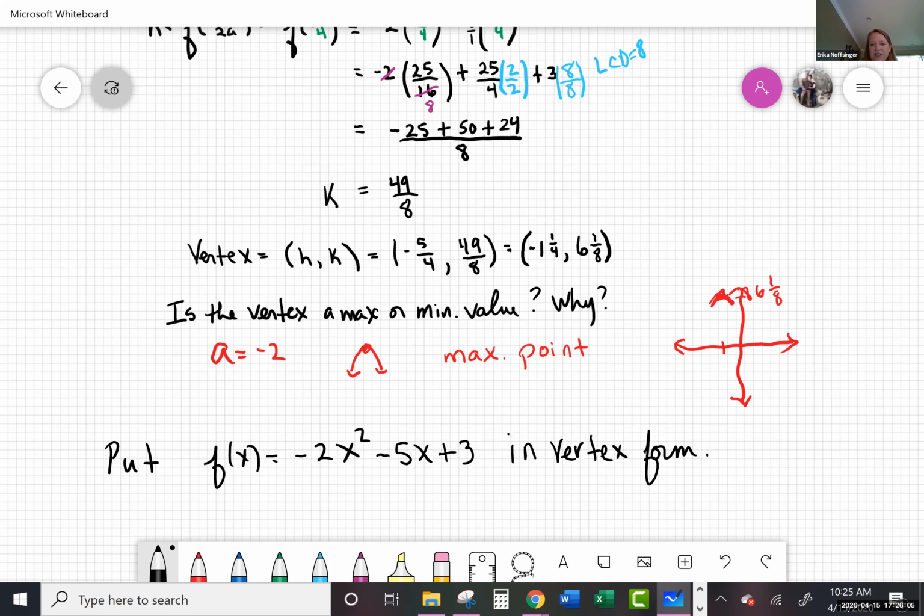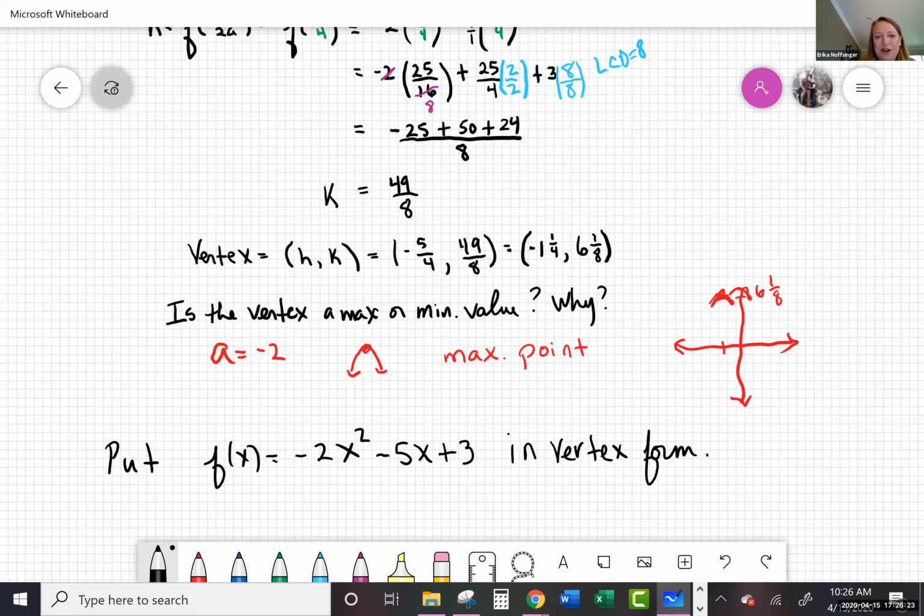So we just did all that work and we found that vertex. And again, I would not want to put this in vertex form, especially by completing the square. But lo and behold, there's another way we can do it without completing the square.